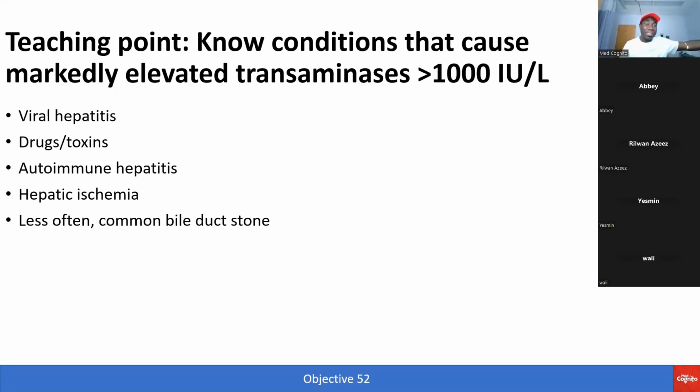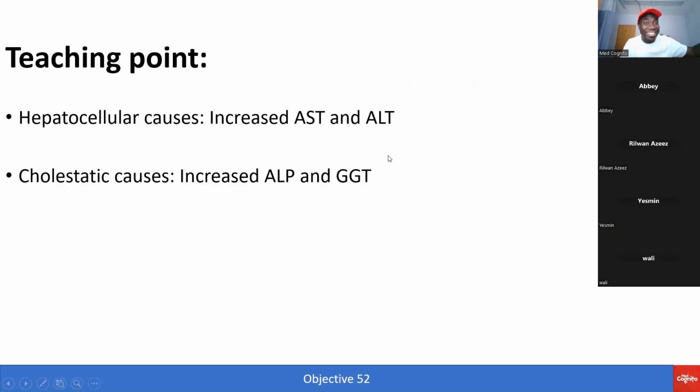I'll think about drugs like Tylenol, like NSAIDs. Why? Because the patient may have taken some drugs and that is what has affected the liver function. You see, the exam is all about recognizing patterns. That is something people don't get, and that is something I want you to get.